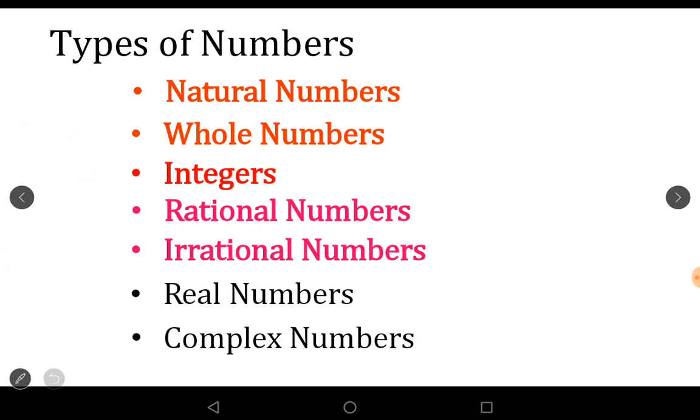Before 6th class, we studied only natural numbers. In the 6th class, the first chapter is also natural numbers, and whole numbers and integers are introduced. In the 7th class, rational numbers are introduced. In 8th class, all four are covered: natural numbers, whole numbers, integers and rational numbers.